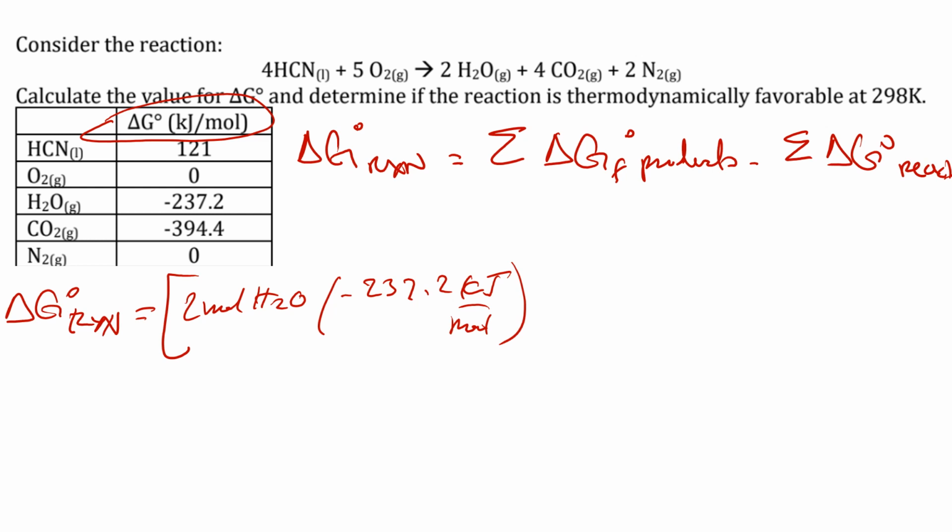That's why the moles cancel out. Plus 4 moles of CO2 times negative 394.4 kilojoules per mole.